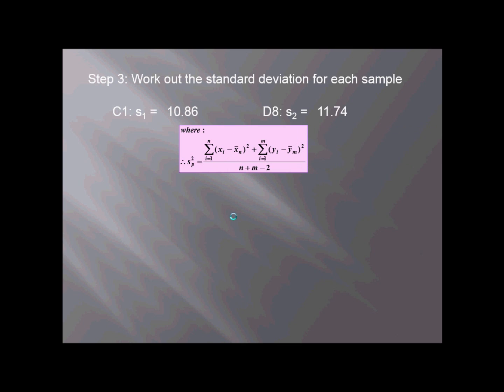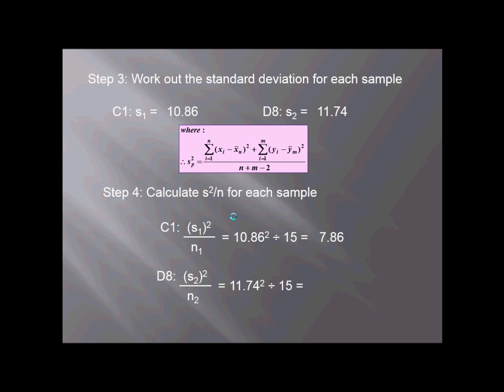And now we need to work out the standard deviation for each sample, using the formula. We get s1 equal to 10.86 and s2 equal to 11.74. Also, we need to calculate s squared divided by n for each sample.